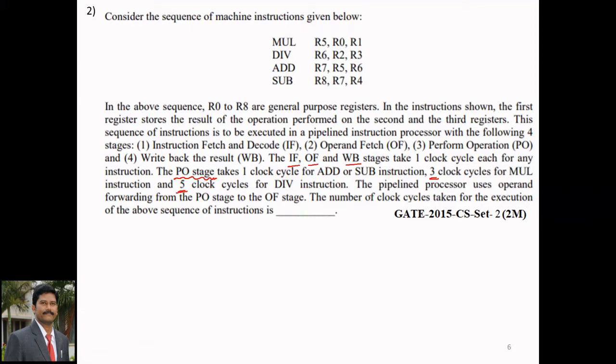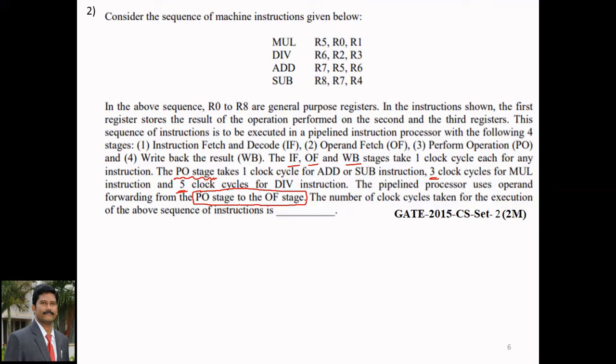The pipeline processor uses operand forwarding from the PO stage to the OF stage. That means after the PO, the execution unit performs the operation, and the data goes directly to OF. From the last stage of PO, we can directly take the data; there is a path to the OF stage.